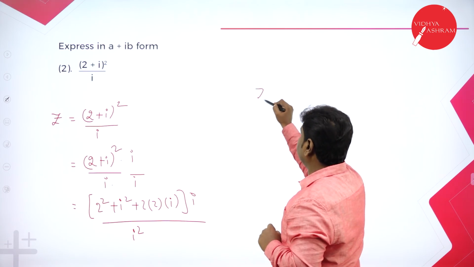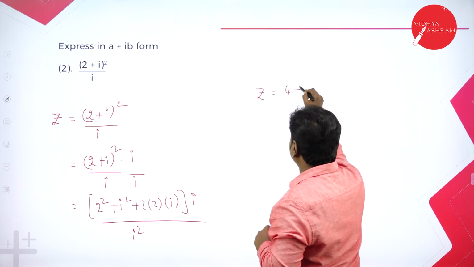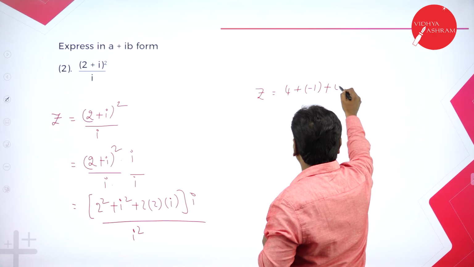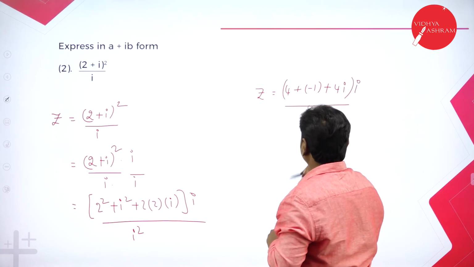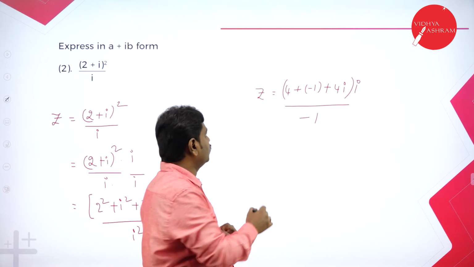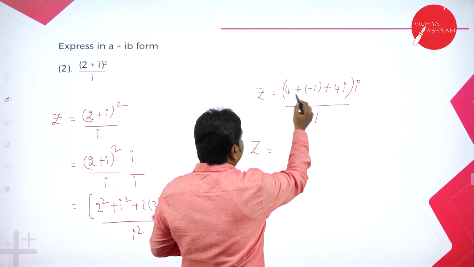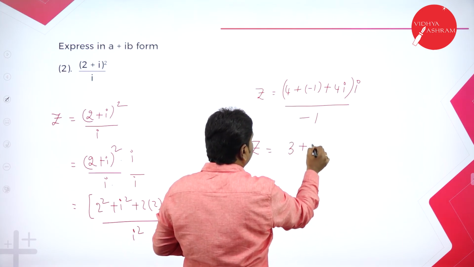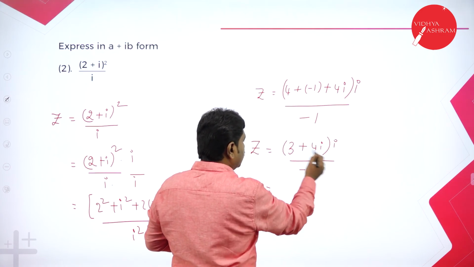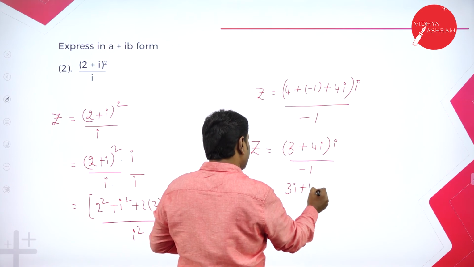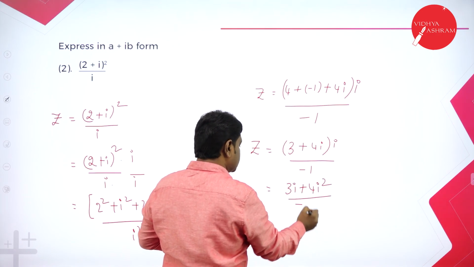If you simplify this further, z is equal to 2 square is 4, i square is minus 1, 2 2s are 4i, outside again I have i divided by i square is minus 1. Now simplify this. So z is equal to 4 minus 1 is 3 plus 4i into i by minus 1. So multiply, so it will become 3i plus 4i square by minus 1.